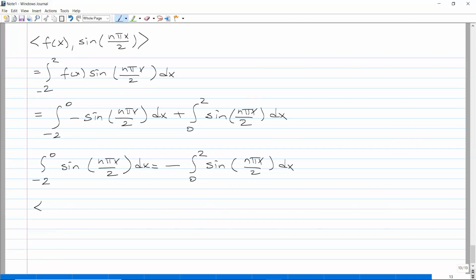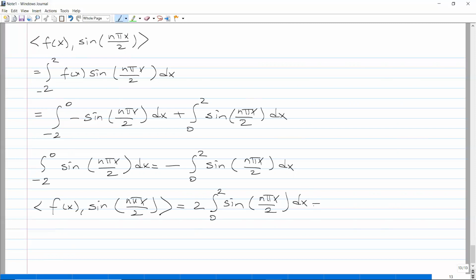So this inner product is twice the integral from 0 to 2 of sine n pi x over 2.